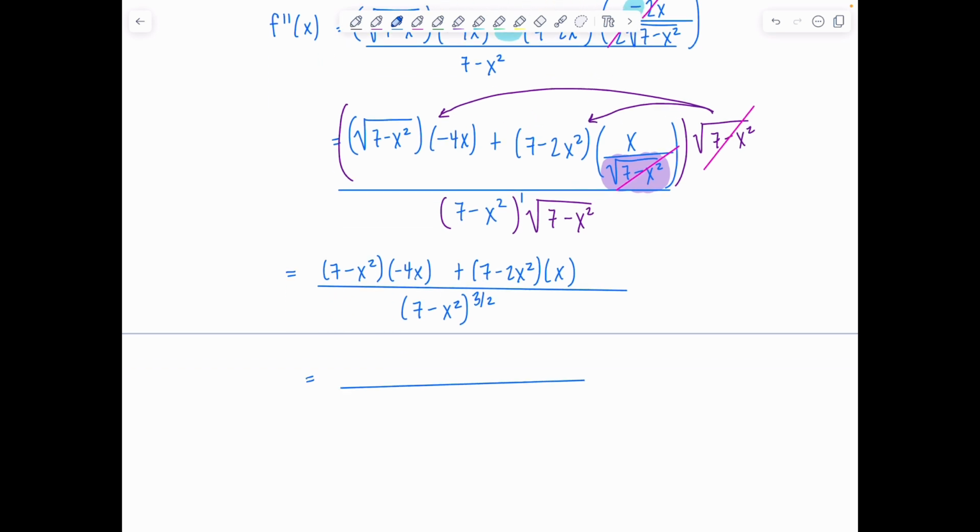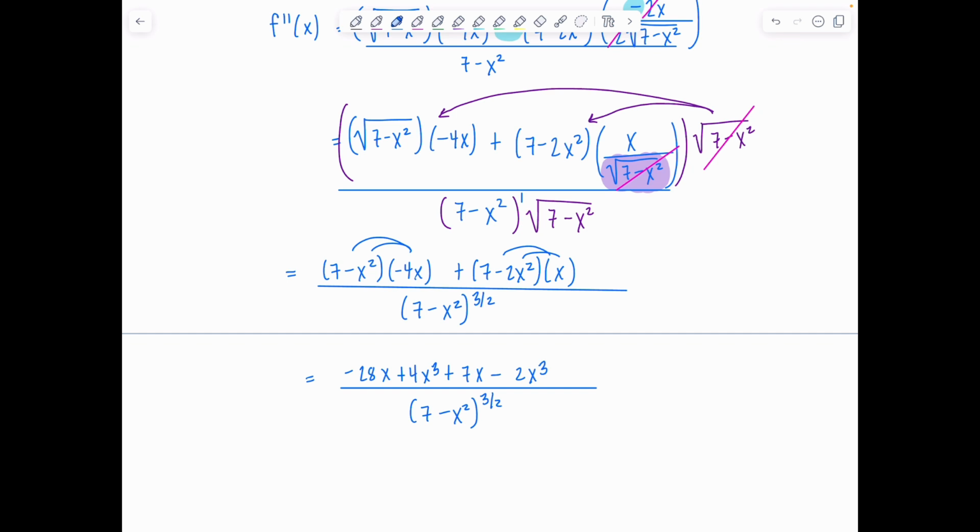Now we just distribute our little hearts out and combine like terms. So this is going to be negative 28x plus 4x cubed plus 7x, I'm going here, minus 2x cubed over 7 minus x squared to the 3/2.